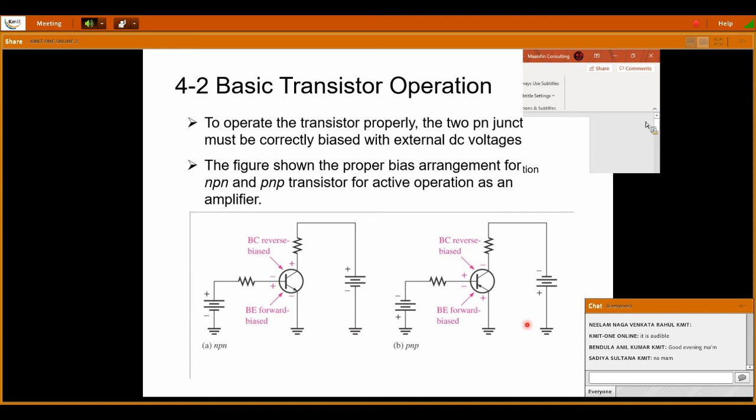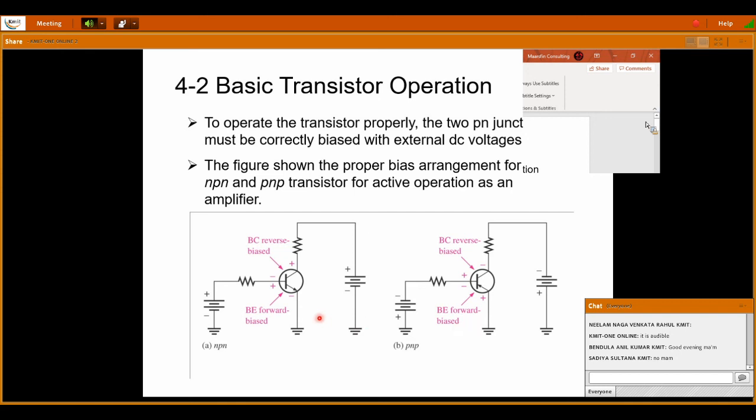The charge carriers move from your emitter to collector region, and then we have the multiplication of your carriers, which are collected at the collector terminal when the transistor is operated as an amplifier. This can happen only when the base to emitter junction is forward biased and the collector to base junction is reverse biased.